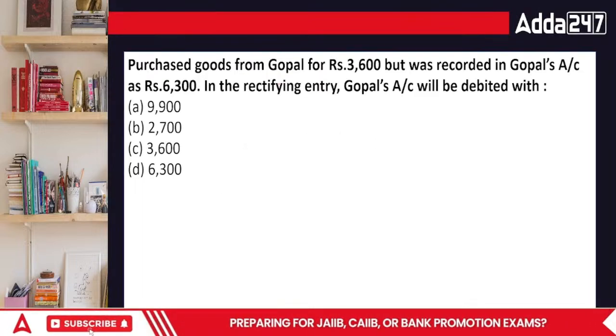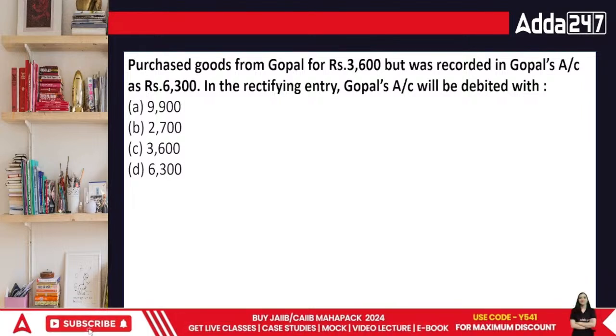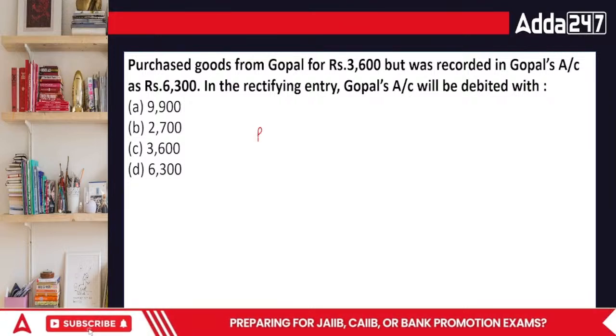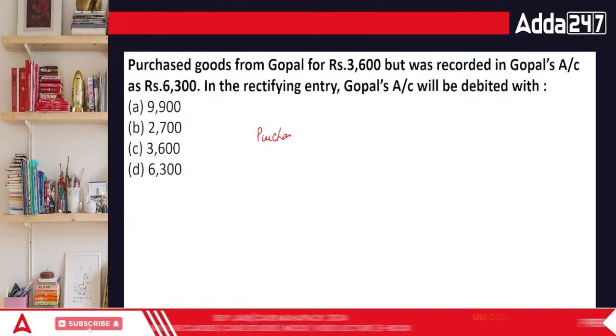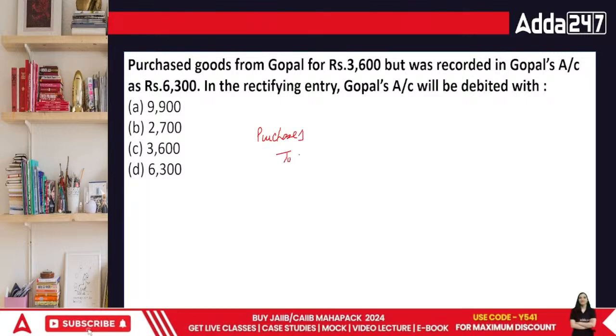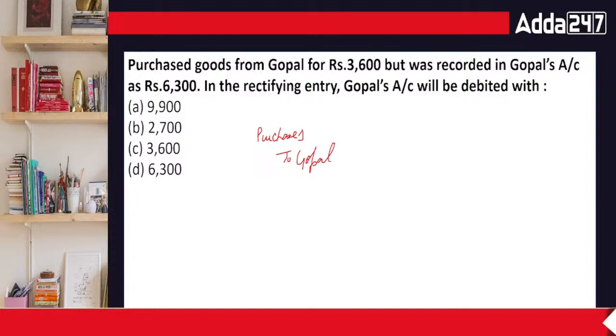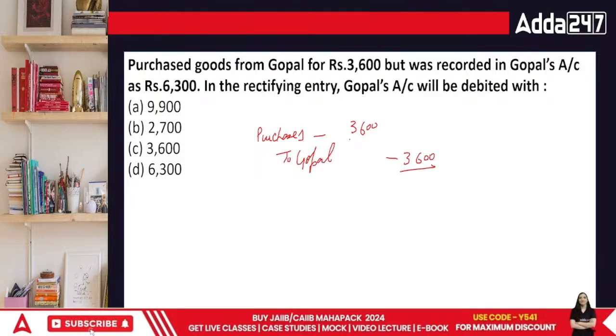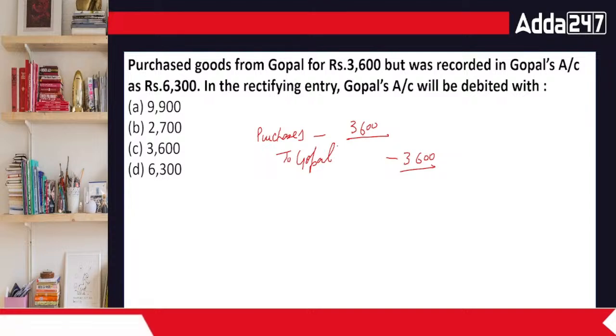Purchased goods from Gopal for rupees 3,600, but was recorded in Gopal's account as 63. Acha. Everyone, isn't there any problem there? Purchase goods from Gopal. Matlab normally this would have become purchases to Gopal, that is of 3,600 and 3,600. But it was recorded in Gopal's account at 63.